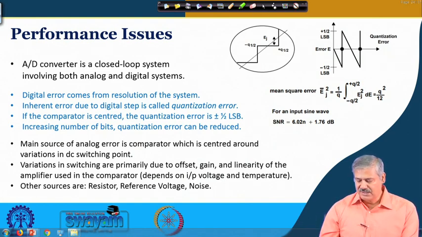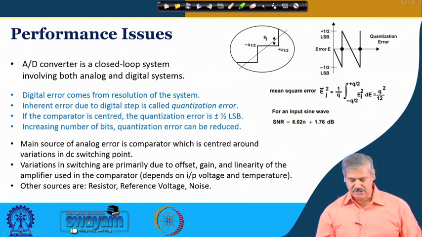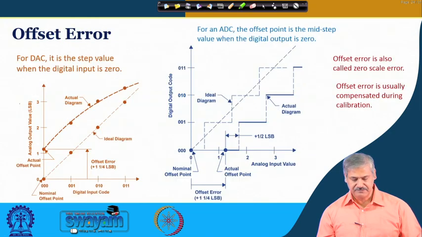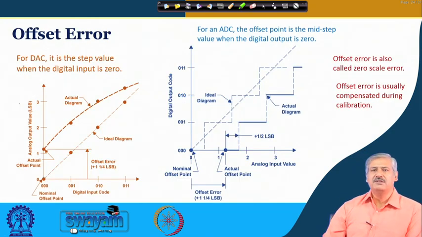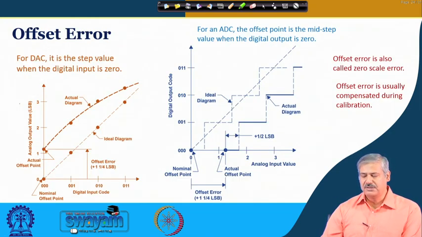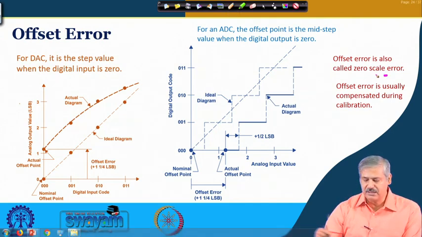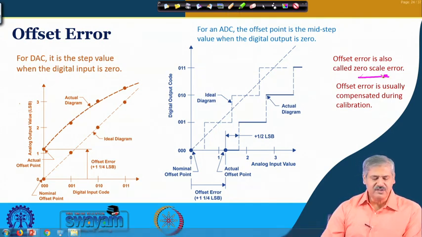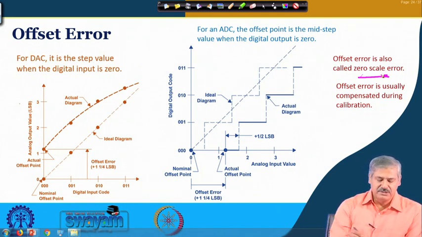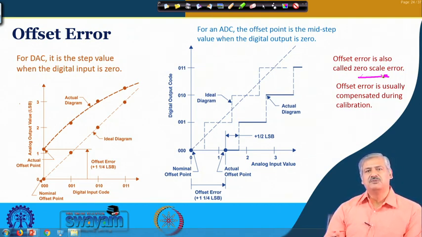Okay. So, we begin with offset error. Offset error is also called zero scale error. What is it? For DAC, as I said, this part is common when we discussed DAC performance issues.